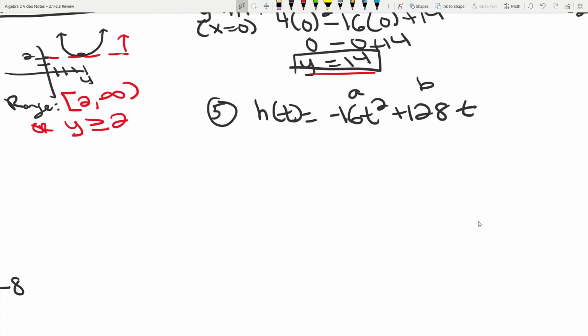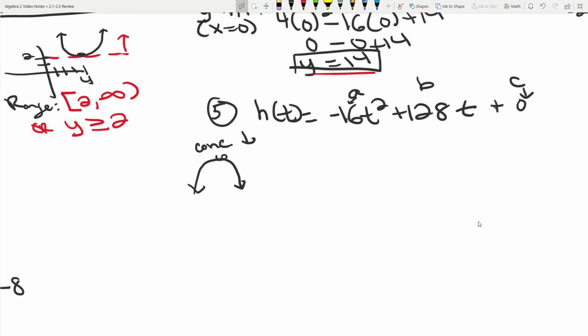And this is b. And in this case, c is equal to 0. All right, so really there's no c here. Okay, so in that case, we know that since a is negative, this parabola has to be going like this, right? Concave down.